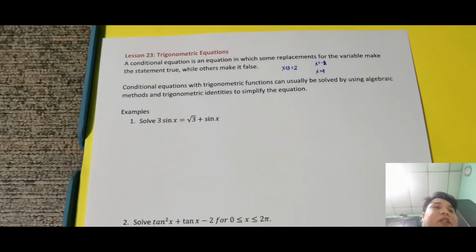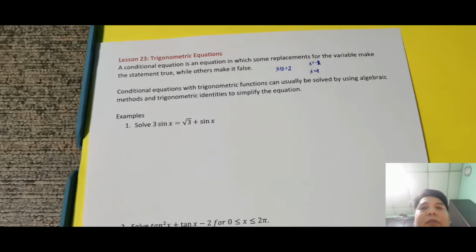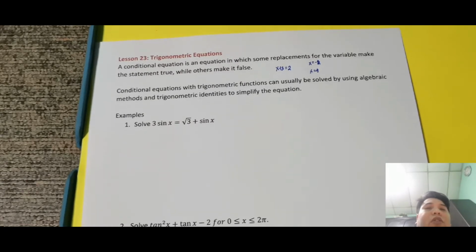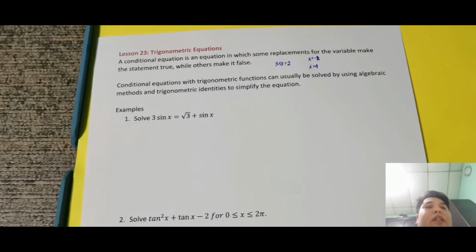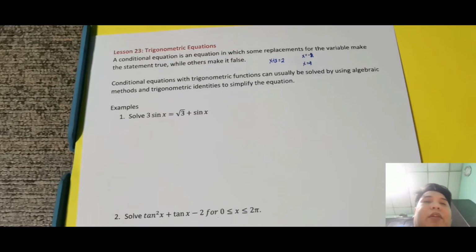Kung paano natin solve dati sa algebra yung mga value ng x, ganun din dito. Ang pinagkaiba nga dito, may trigo. Pwede kang gumamit ng trigonometric identities para ma-simplify mo siya. Ayun yung mga mas magandang technique, mapapabilis natin yung solution. Proceed tayo sa example para makarami pa tayo.